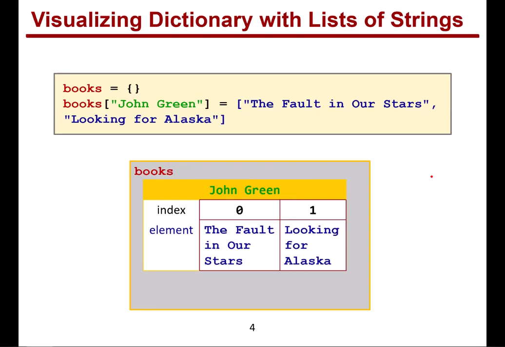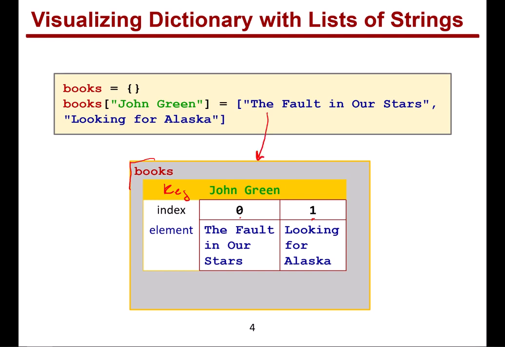Now, if you want to visualize what that looks like, basically we can see here that what we actually have is our dictionary, which is this outer gray box called books, and then inside of the key, which is my key, John Green, inside of the key we have a list, just like the lists that we're used to, with two items, item 0 and item 1. And so that's how we can translate these visually.